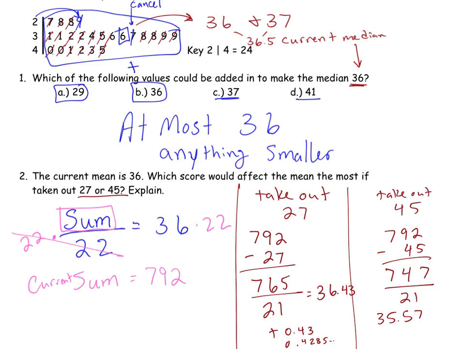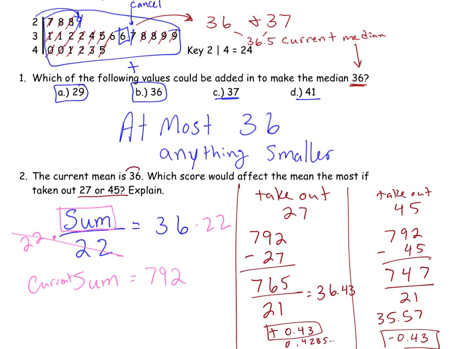To figure out that loss, we can subtract it by 36, and actually it has the same change. It is a loss of 0.42857, and so these two actually have the exact same change.